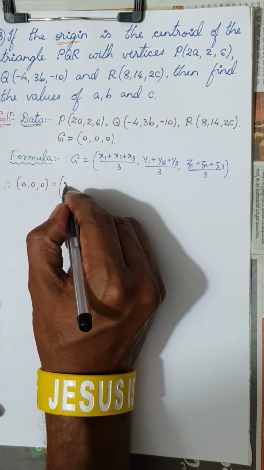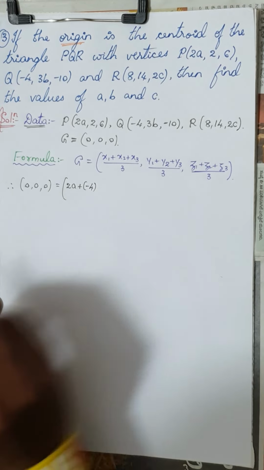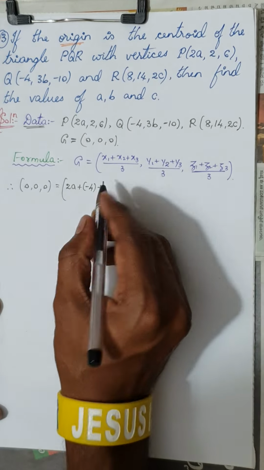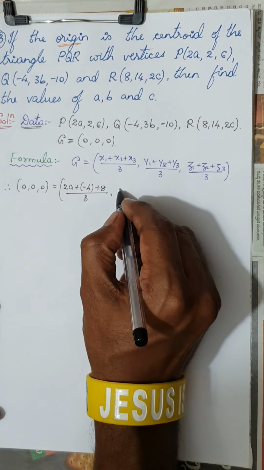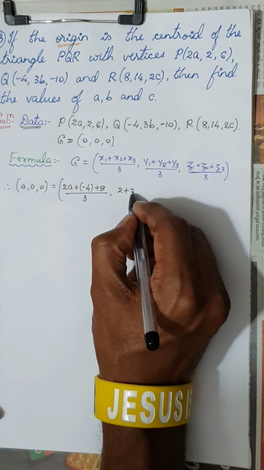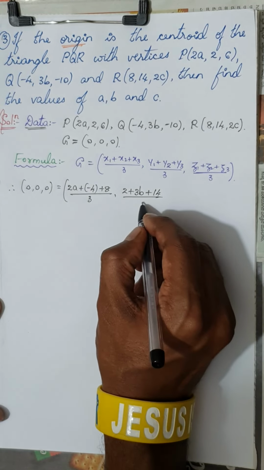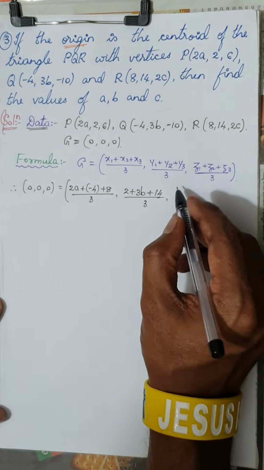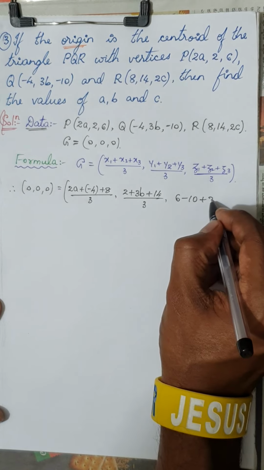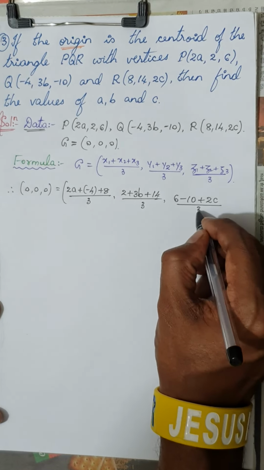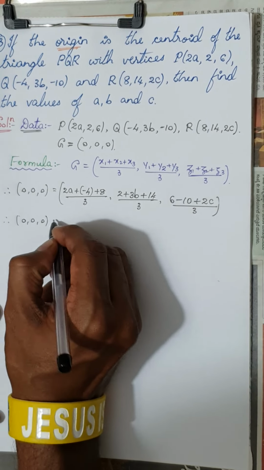So let us substitute. x1 is 2a plus x2 is minus 4 plus x3 is 8, this divided by 3, comma, y1 is 2 plus y2 is 3b plus y3 is 14, this divided by 3. And finally z1 is 6, z2 is minus 10, so I will directly write minus 10, plus z3 is 2c, this divided by 3. Okay, so if you want you can further simplify and then equate it.